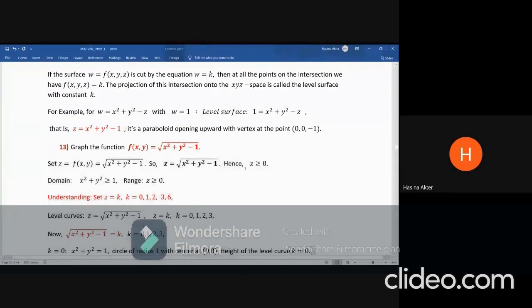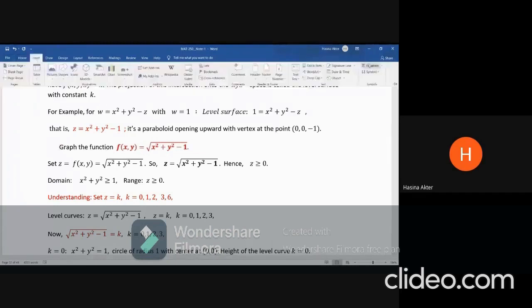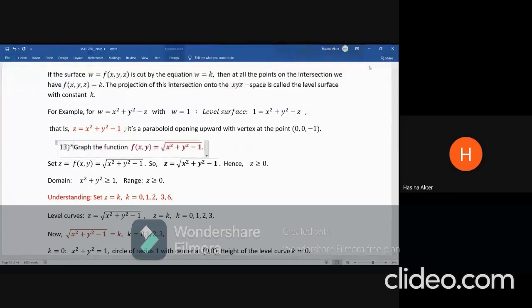These are interesting. This graph is very interesting. Let me put a star on it. Oops.